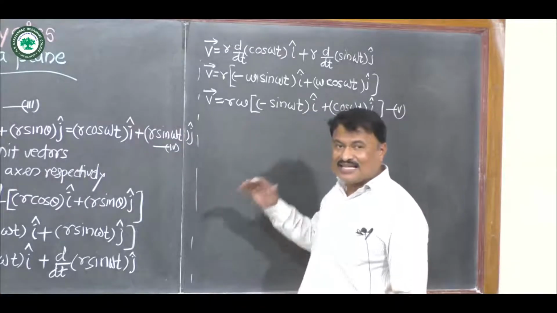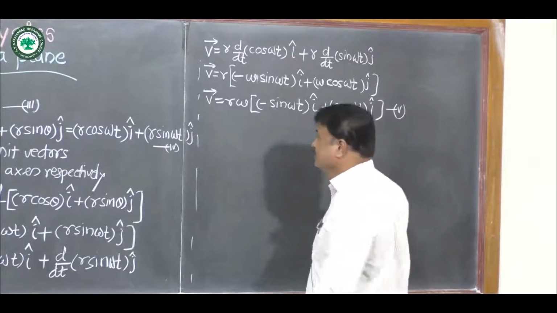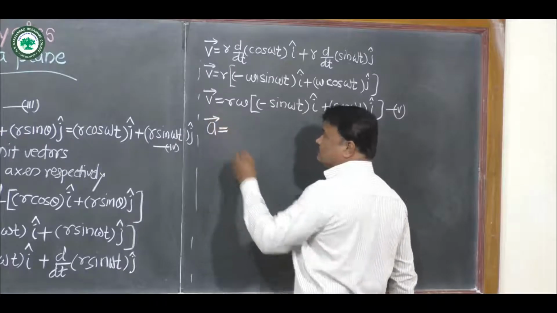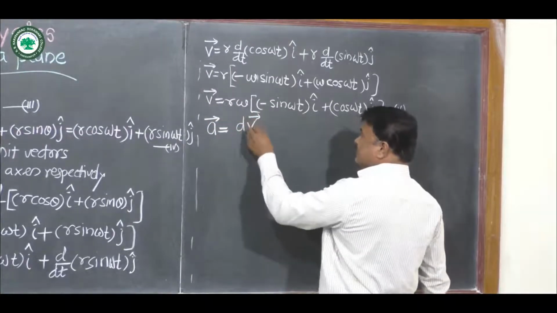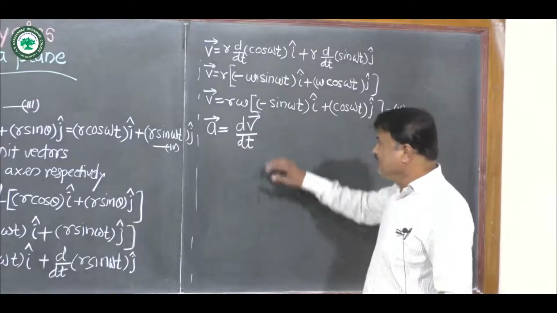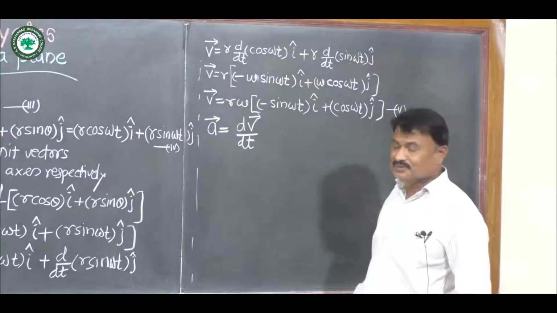As you know that acceleration is the rate of change of velocity with respect to time. Therefore, instantaneous acceleration A is equal to dv bar upon dt. So we have to take the derivative of this vector v with respect to time.